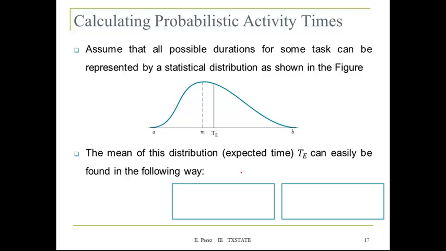So, calculating the probabilistic activity time. Assume that all possible durations for some tasks can be represented by a statistical distribution shown here. So now instead of saying the task duration is going to be 6 days, we're going to use the historical information and create a statistical distribution to model the duration of the task.